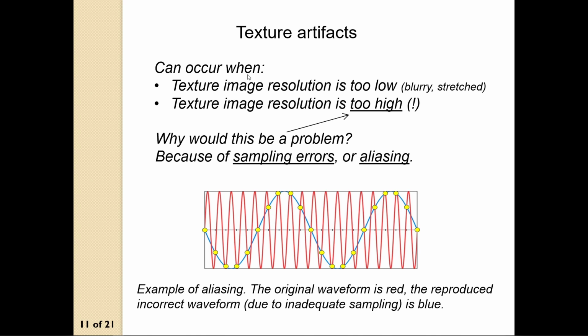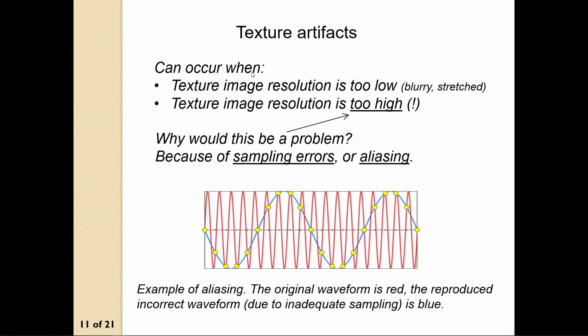So what does that mean? You have a certain rate at which you are looking at a potentially repeating signal, and you have to look at it at a high enough rate to correctly represent it digitally.